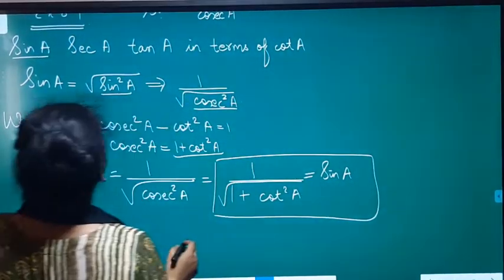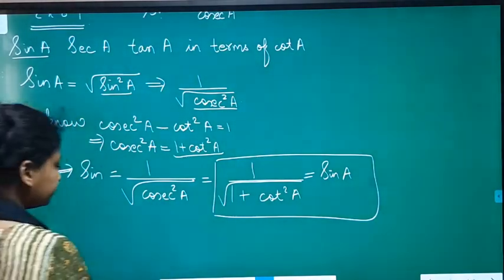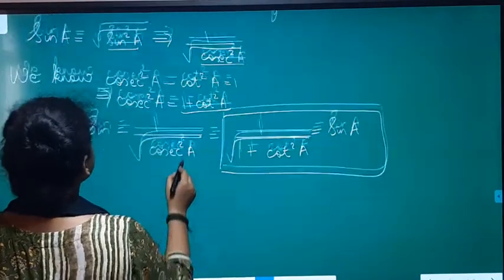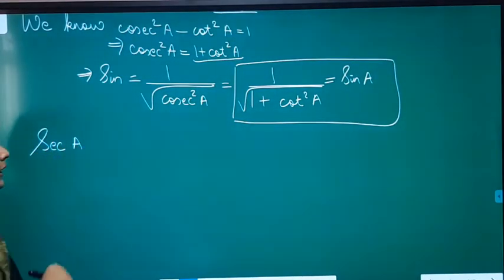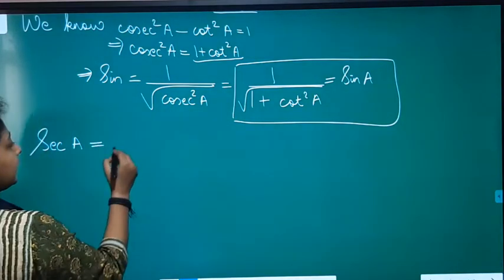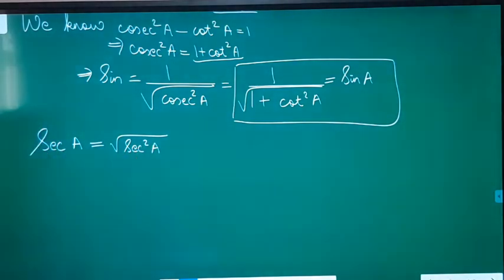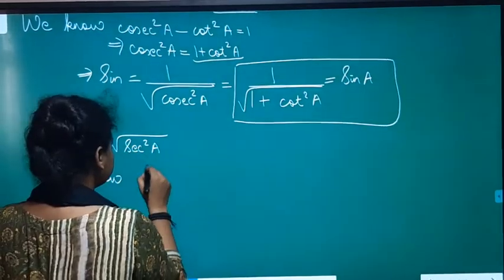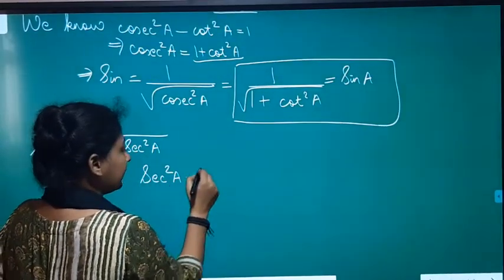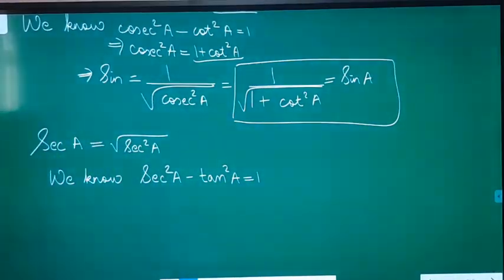Now next, we also have to calculate the value of sec A in terms of cot A. Okay, we know sec A can be written as under root sec square A, and also we know sec square A minus tan square A is equal to 1 from identity number 2.